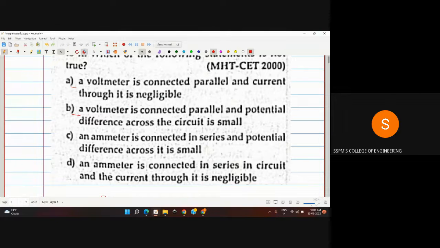Because voltmeter is always connected in parallel only. Sorry, read the full statement. A voltmeter is connected in parallel and potential difference across the circuit is small. The potential difference means voltage.